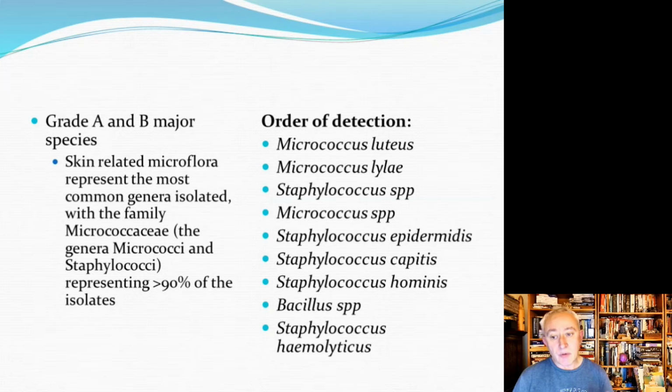In terms of particular species, from my review of these 80% of 7,000 isolates, you get Micrococcus luteus, Micrococcus lylae, Staphylococcus species, Micrococcus species, Staphylococcus epidermidis, Staph capitis, Staph hominis, Staph haemolyticus as the predominant organisms found, with a low level of occasional spore formers, which can either relate to what we're carrying or what's been transferred, so it could be breakdowns with transfer disinfection processes.